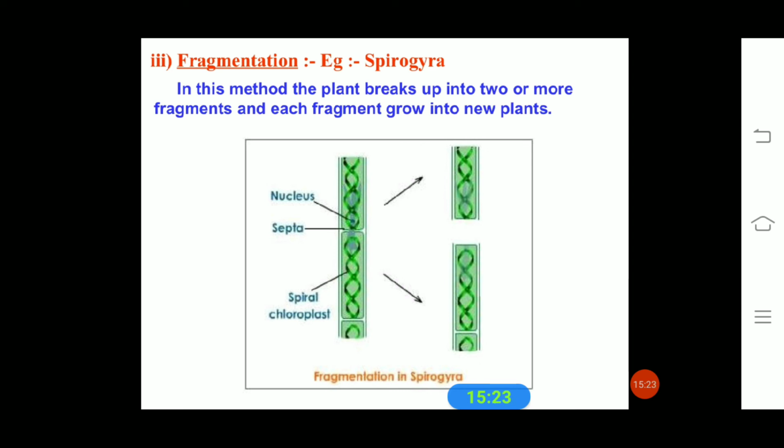That is what we call fragmentation. For example, spirogyra, an alga, breaks up into two or more fragments, and each fragment grows into a new individual. So this is one type of asexual reproduction.